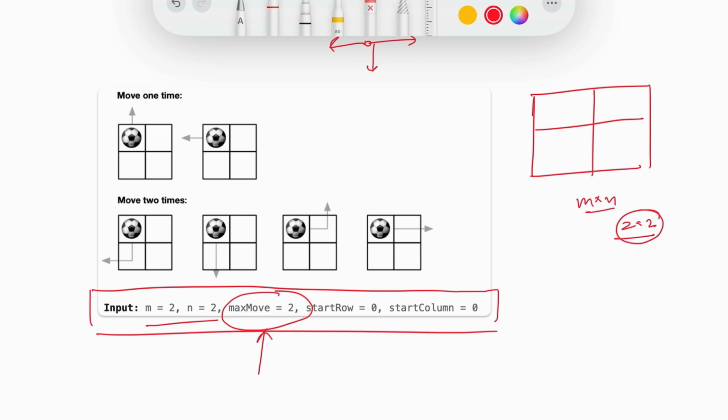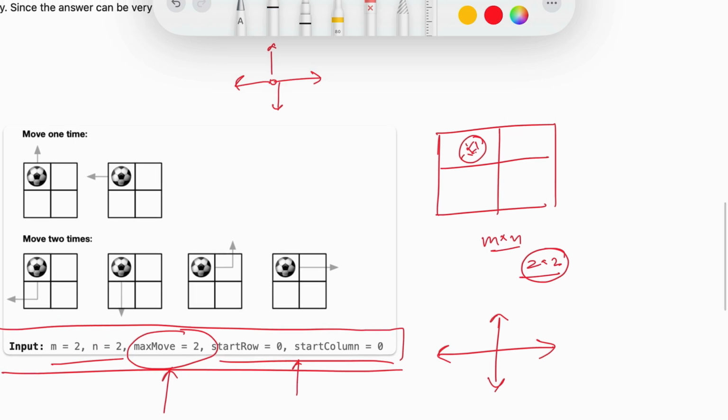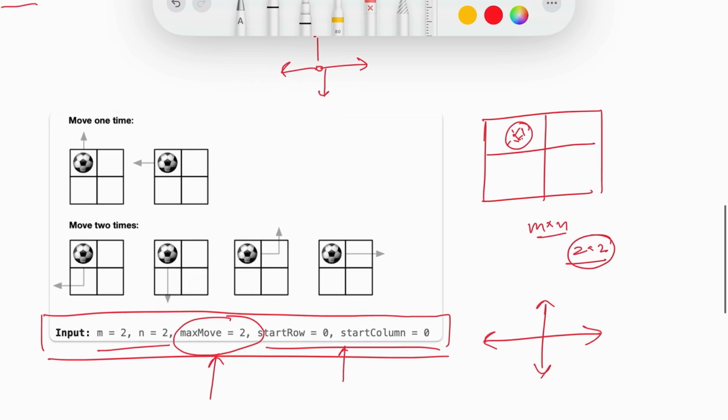In one step, the ball can move in four directions: right, left, up, down. This is the starting position of the ball, starting row and starting column. Here the ball is placed at 0 0.